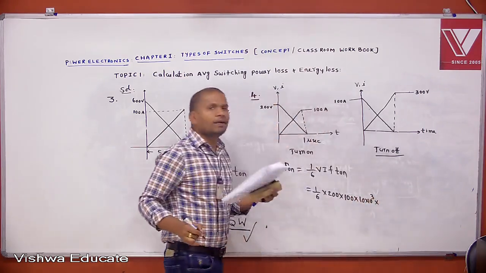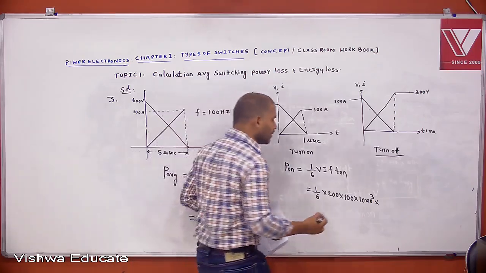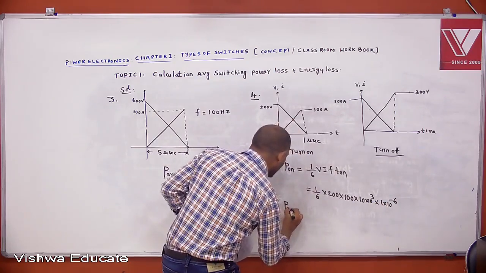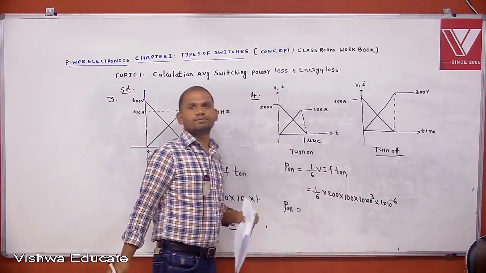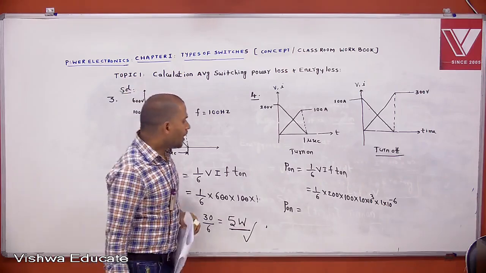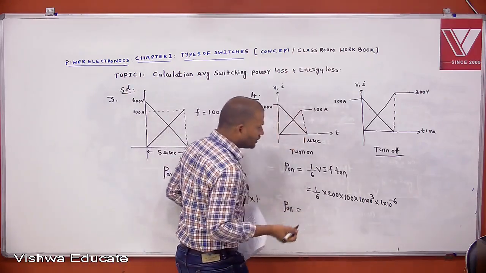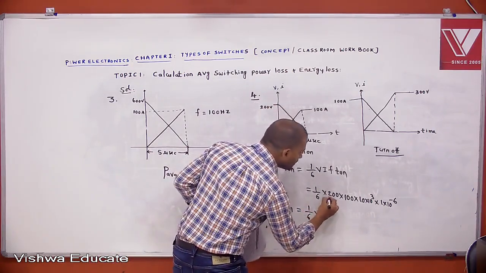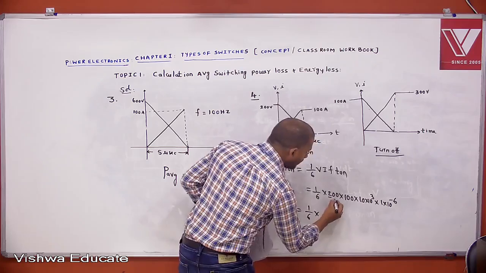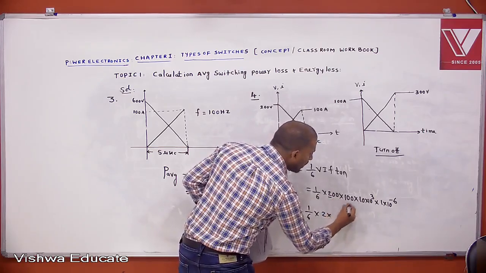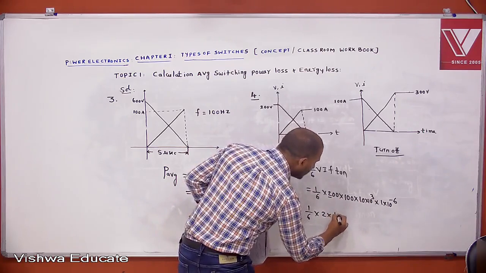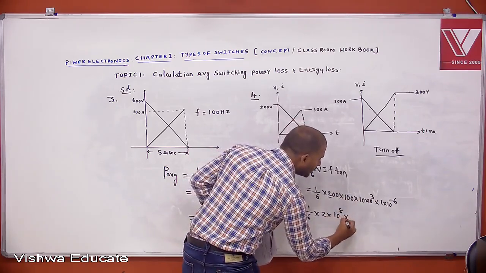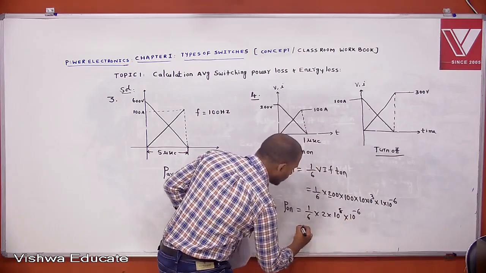What is the on time? 1 microsecond, 1 into 10 to the power of minus 6. Then what is the on state power loss? You tell me. 1 by 6 into 2 into 10 power 8 into 10 power minus 6. How much do you get?